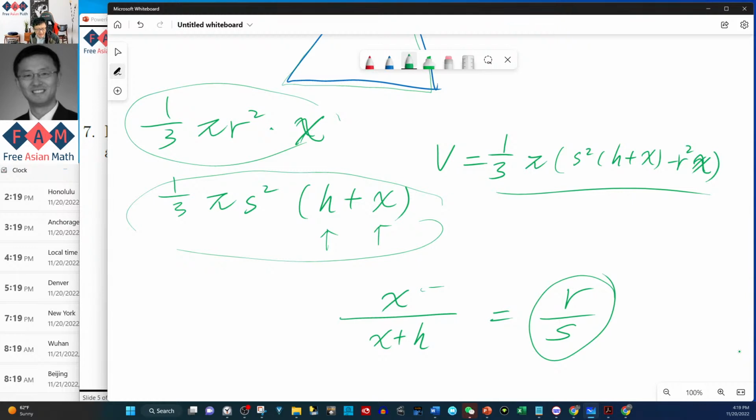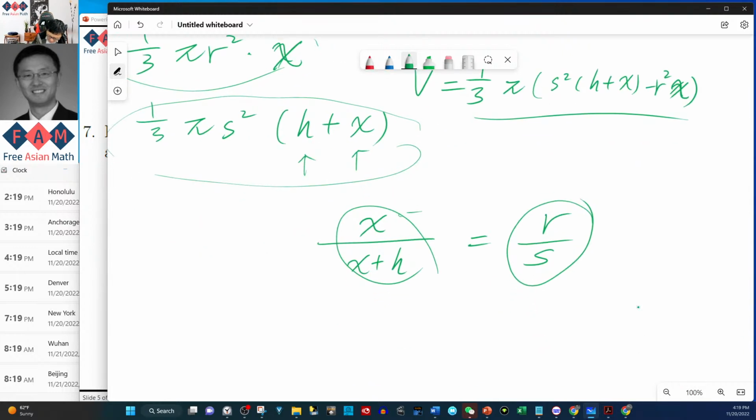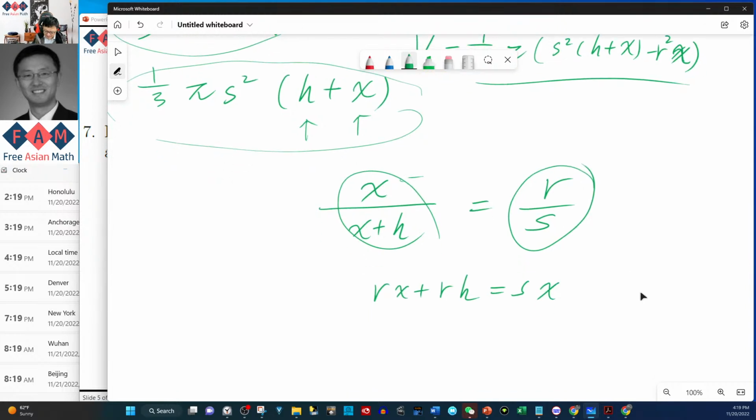The two radii are in this proportion relationship. Therefore, that's the same thing as this. So now you can solve this equation easily, right? You just do cross product. So you get Rx plus Rh equals Sx. And we group everything about x on the left-hand side typically. So we get R minus S, times x.